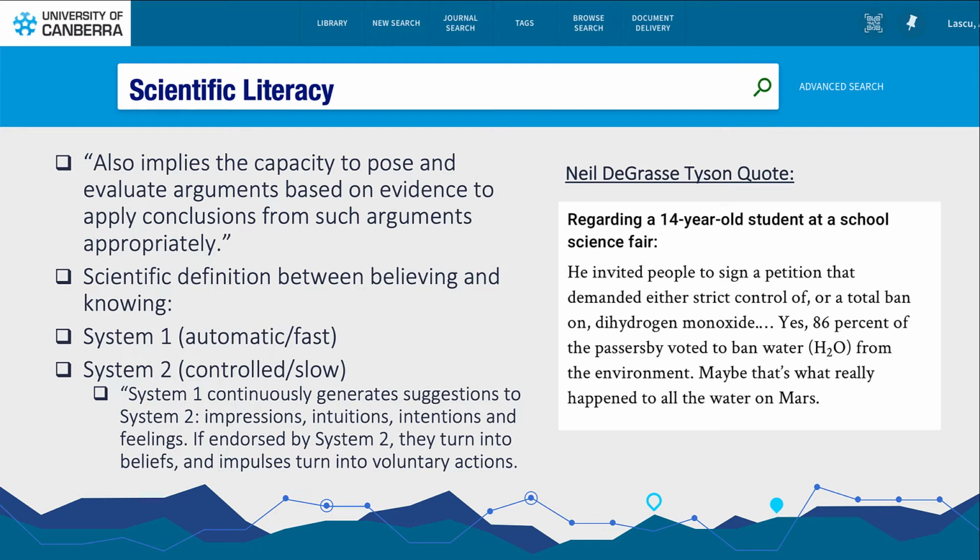He saw a 14-year-old student at a science fair who had invited people to sign a petition that demanded either the strict control of or a total ban on dihydrogen monoxide. 86% of passers-by actually voted to ban water, because dihydrogen monoxide is literally 2 hydrogen and 1 oxygen, or H2O. Maybe that's what really happened to all the water on Mars. So understanding science and the way it is communicated and written and what it means is actually really important in day-to-day life.